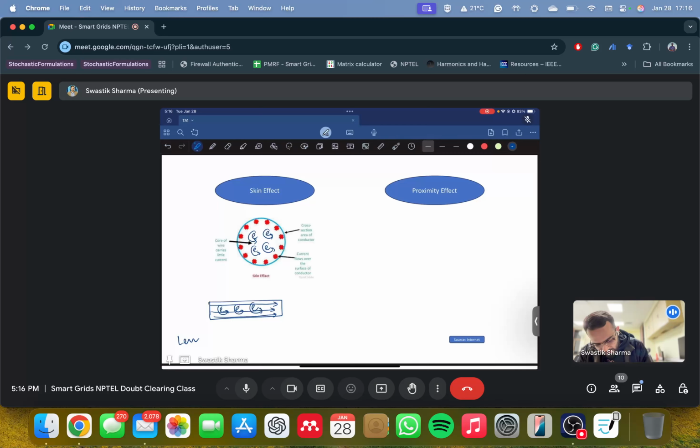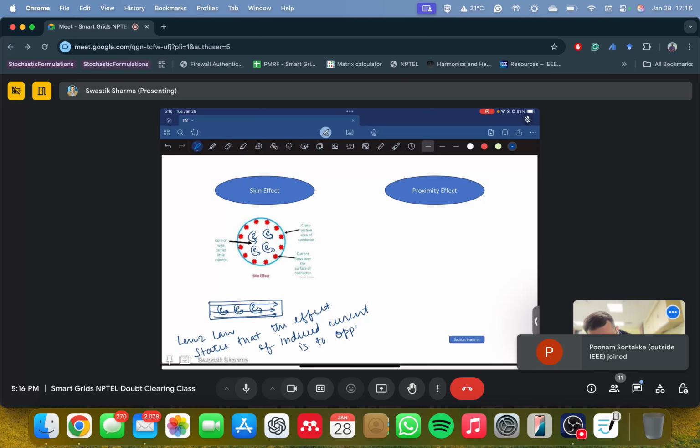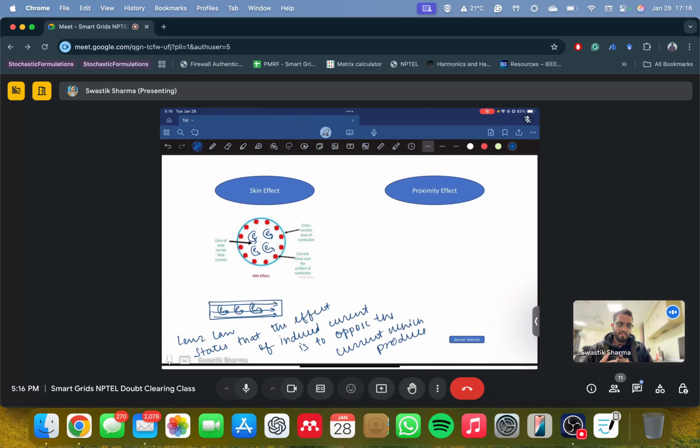What does Lenz's law state? It states that the effect of the induced current is to oppose the current which produced it. I'm not going word for word, but this is the crux of it.